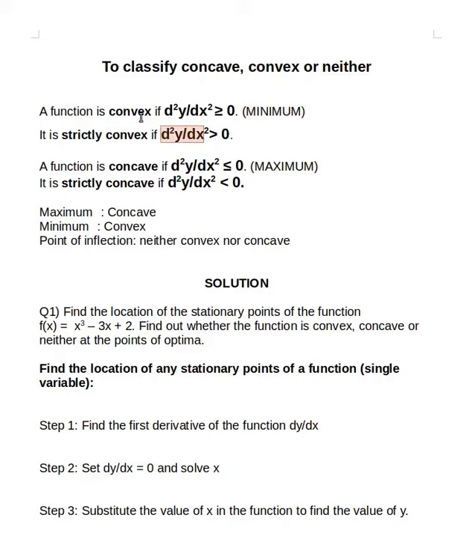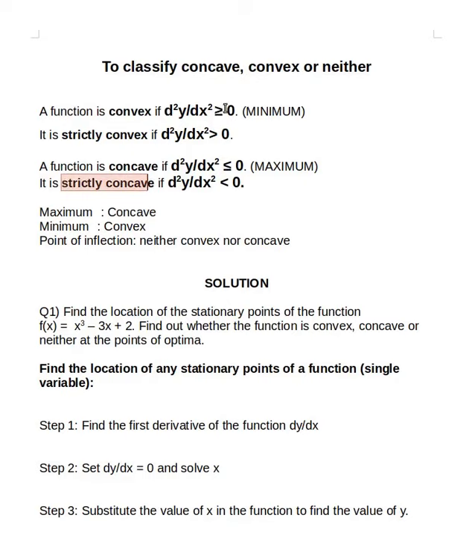So I repeat, if the second derivative is greater than or equal to 0, then it is convex, and if it is just greater than 0, then it is strictly convex. Similarly, when the second derivative is less than or equal to 0, then we can say it is a concave function. And if the second derivative is less than 0, or negative, then we can say it is strictly concave.